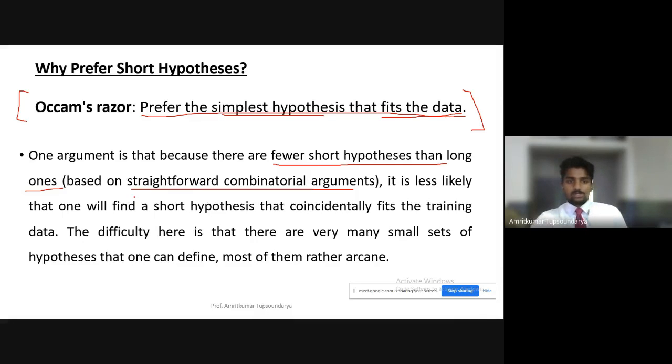So since there are fewer shorter hypotheses than the usually longer ones, it is very unlikely that the data scientist or anyone will find a shorter hypothesis that coincidentally fits the training data. A simple probability.